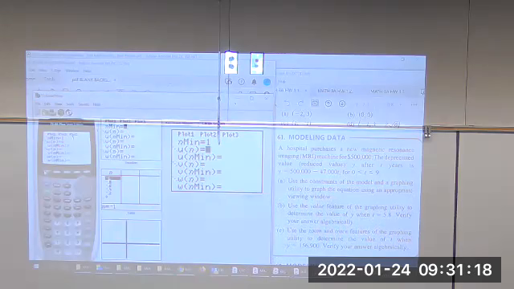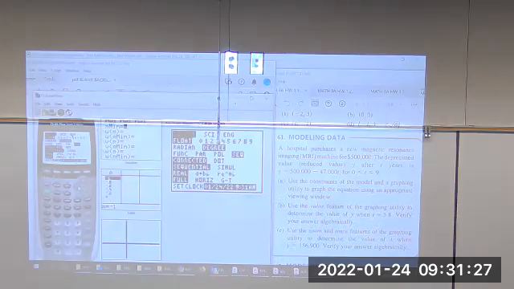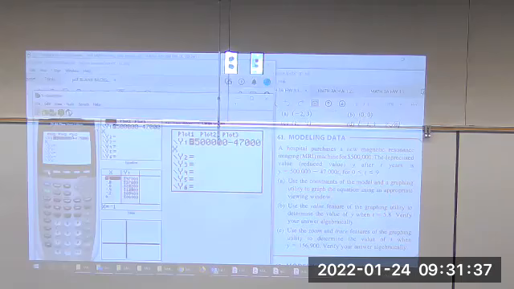I have not introduced this to the sequence. You want to be in function mode. That's why when you press that x, theta, n button, you're only going to get this.